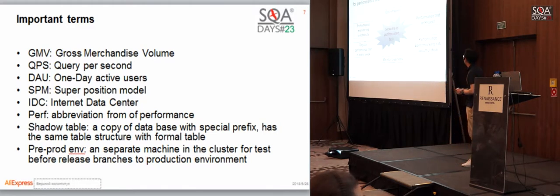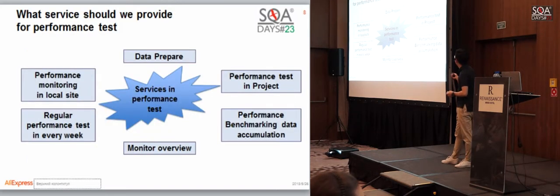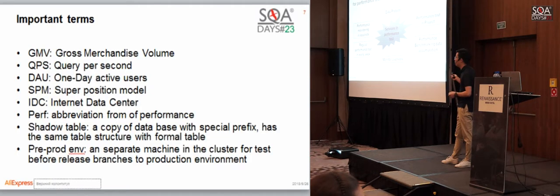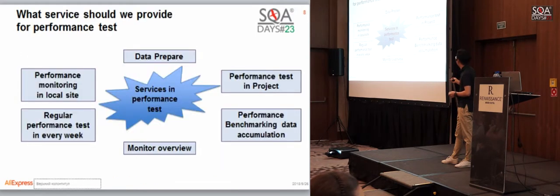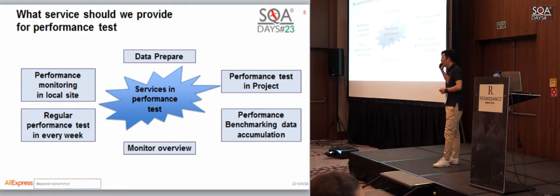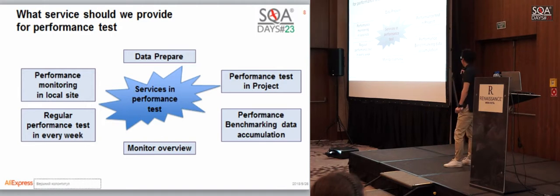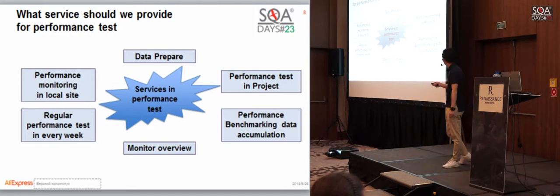Okay, so what services should we provide for the performance test? Very important: data preparation and monitoring, and regular performance tests. We can do the performance test every week. Project releases will also influence our performance, so we need to do performance regression in our projects.